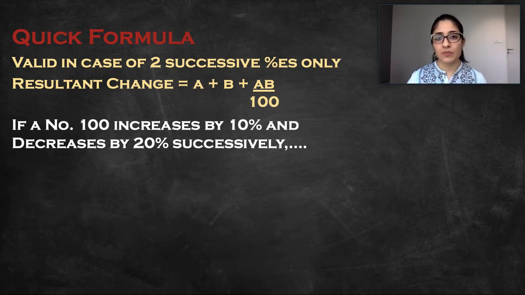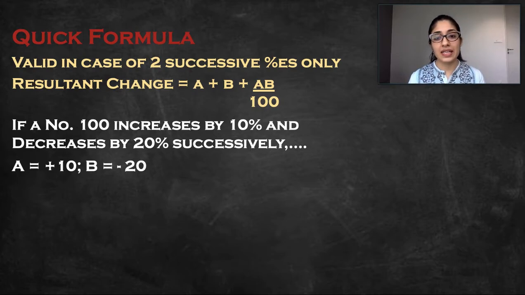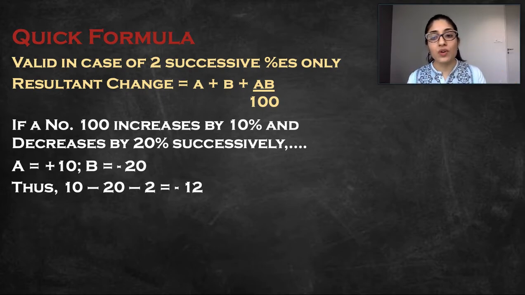Let's see this with an example. If a number 100 increases by 10% and decreases by 20% successively. Here I am taking a combination of increase and decrease. With the data given, I can say that A is plus 10 and the value of B would be minus 20.